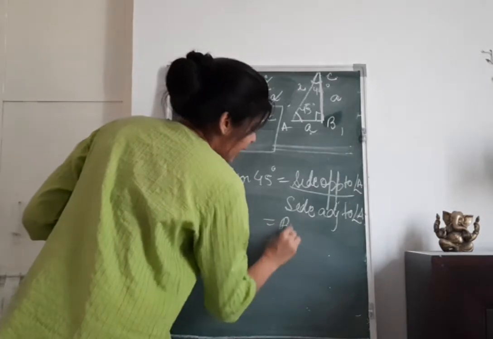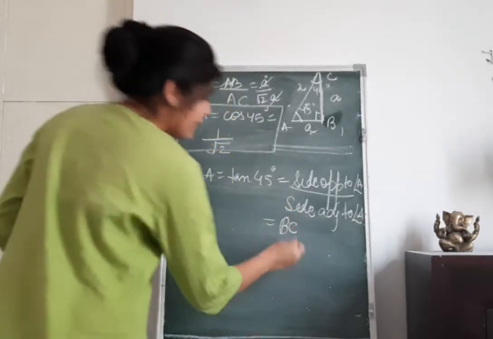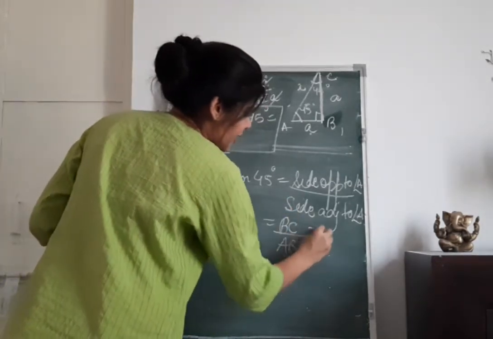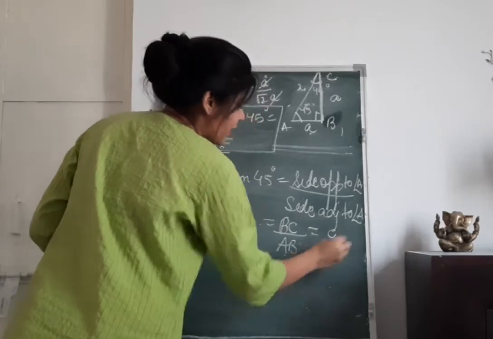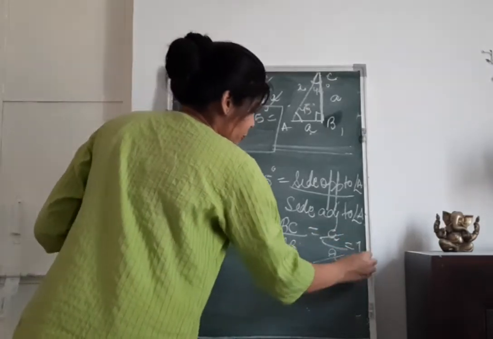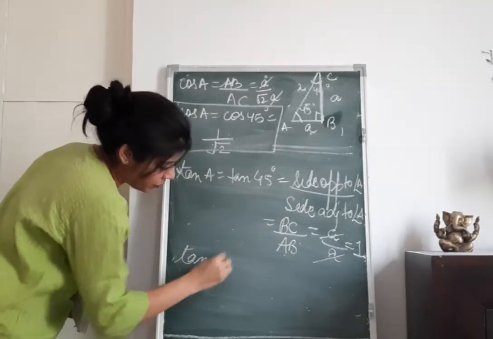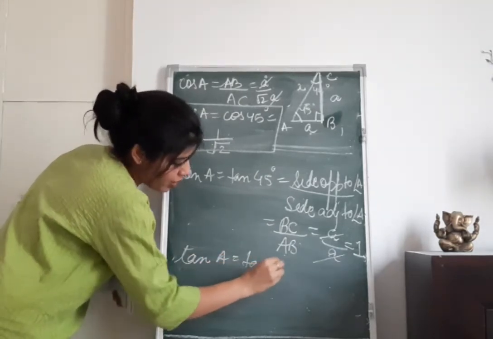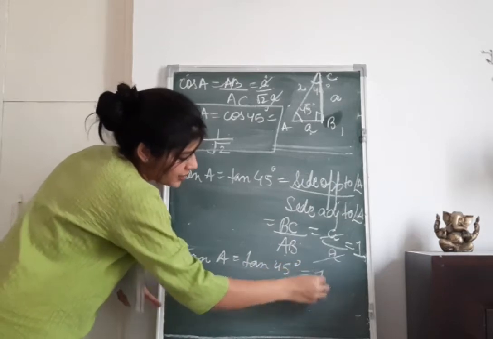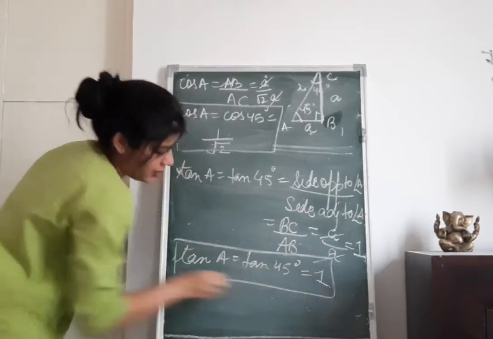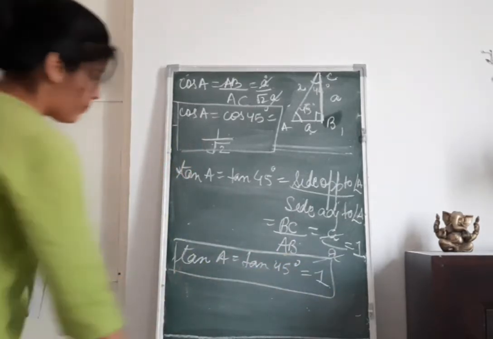BC. And which side is adjacent to angle A? AB. That gives me A upon A. A upon A will cancel, and that will give me tan 45 degree as 1. So tan A equals to tan 45 degree, that is equals to 1, right?